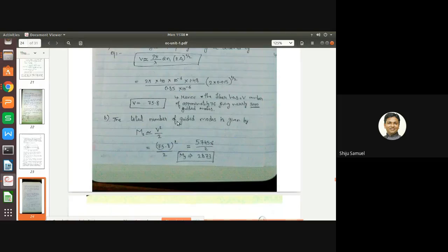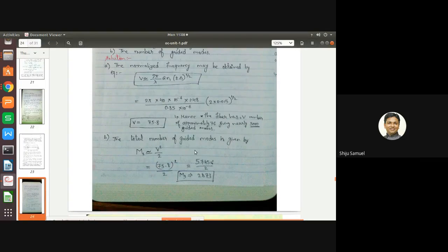So now we have calculated the number of guided modes. Guided modes in the sense number of rays. Now come to this definition. Hence the fiber has a V number of approximately 76, the normalized frequency, if you are observing. Based on this normalized frequency, we can easily calculate the guided modes.